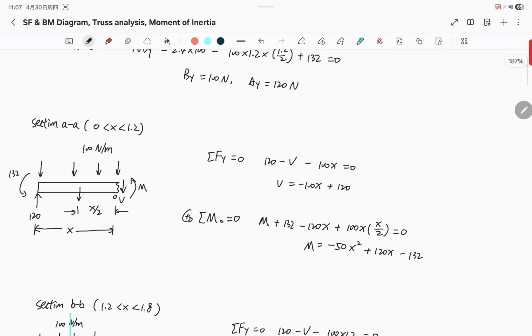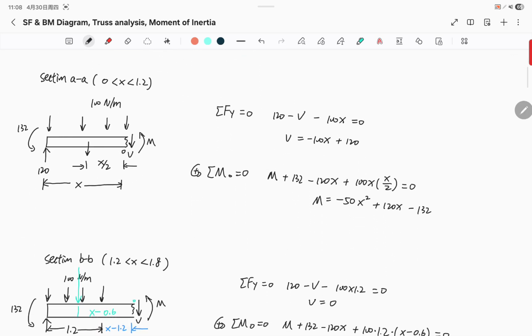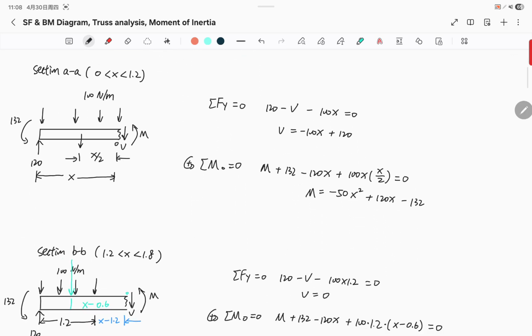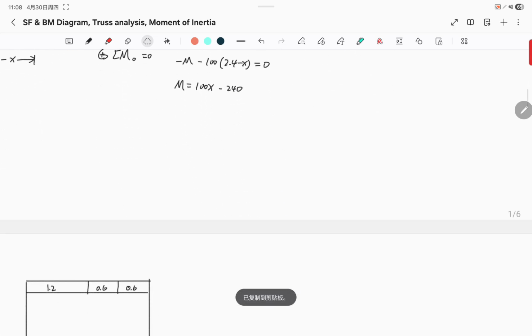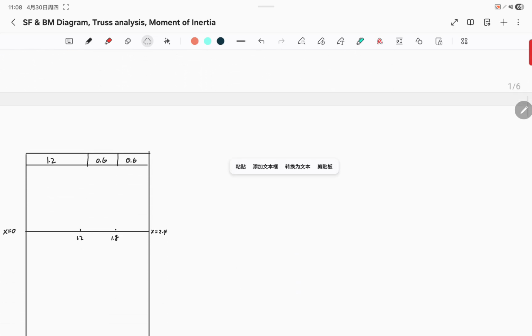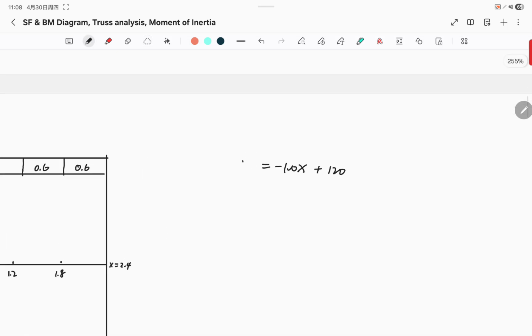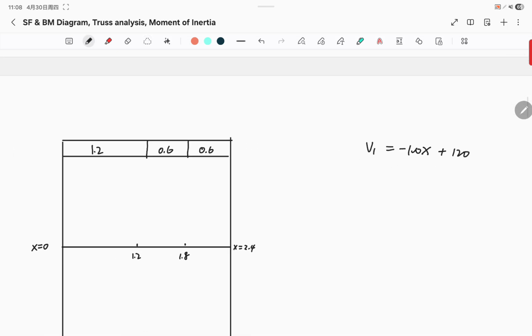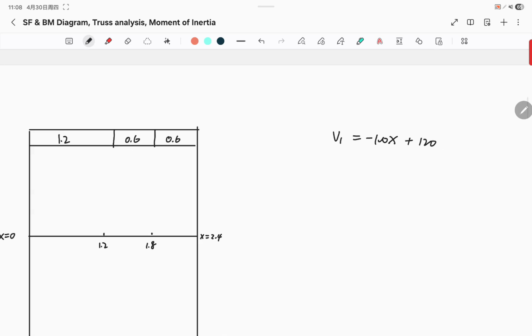Now look at the first equation we have for V, which is here. Let me just copy this. And then we can say this is V1 for the first section. We know it's a downward slope and it's a linear relationship, so it's just a downward line like that.